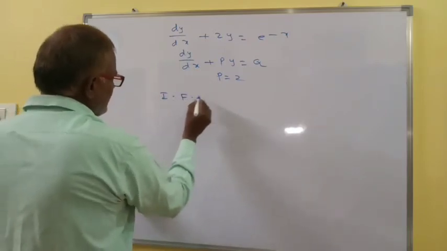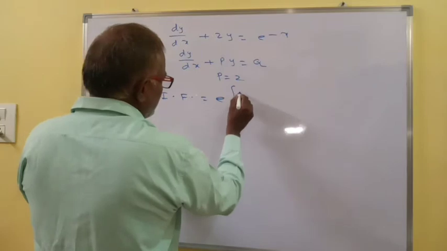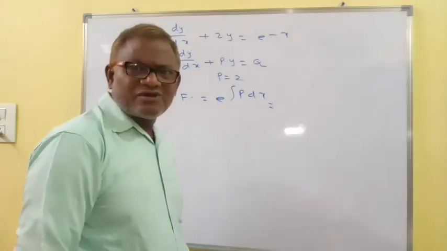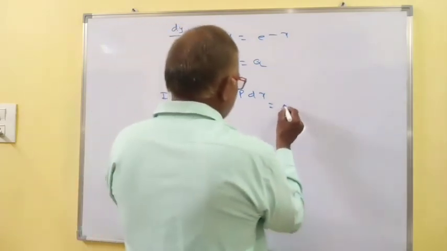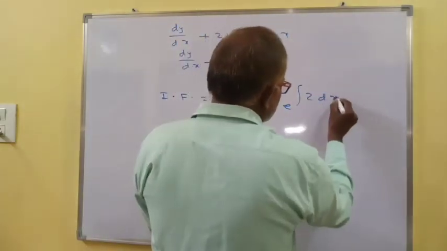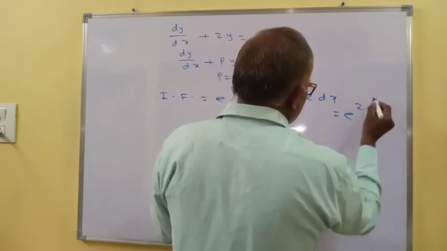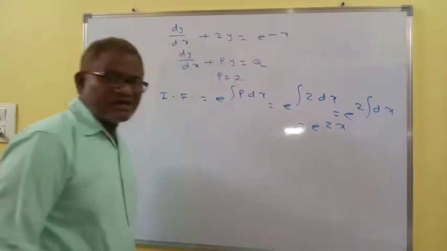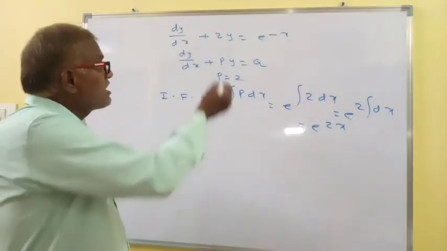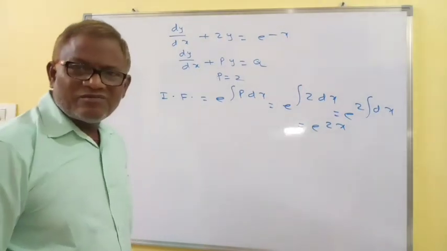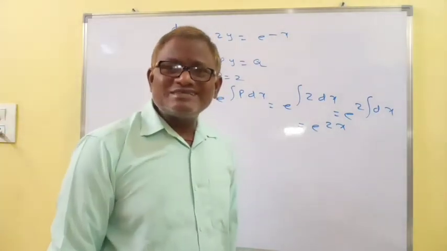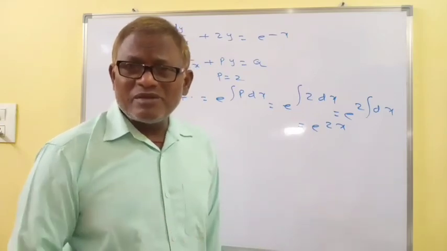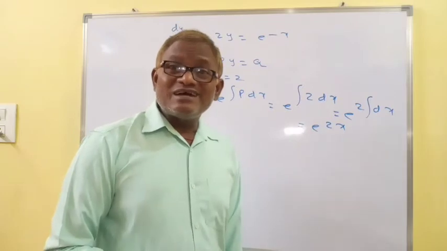Therefore IF is equal to e power integral P dx. A constant term is nothing but a function of x. So e power integral 2 dx, that means 2 into integral 1 dx, that means e power 2x. But sometimes in this problem he may ask the solution of the DE, because this is the simple one.